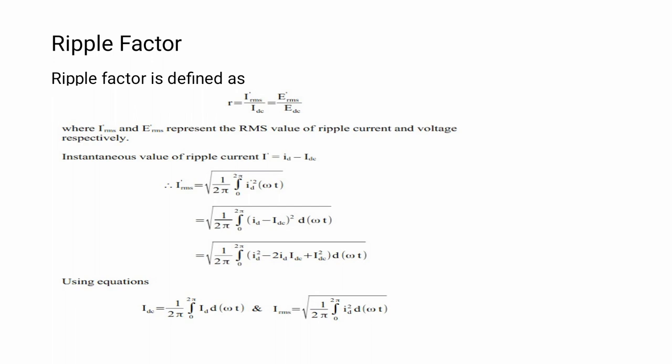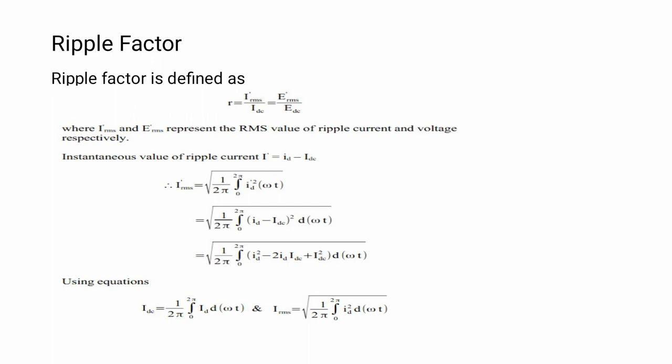So the ripple voltage or current is measured in terms of a ripple factor, which is defined as the ratio of the effective value of the AC component of voltage or current present in the output from the rectifier to the direct or average value of the output voltage.